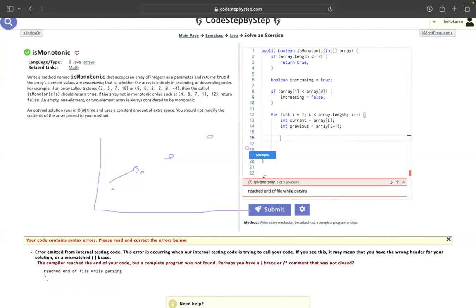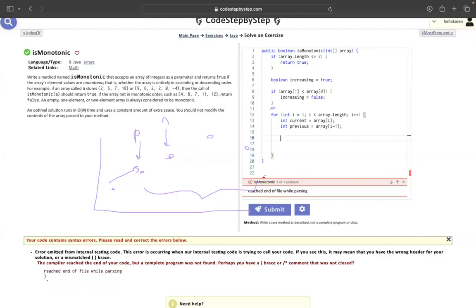And so this is the point where we use the for loop to go through the rest of the array, right? Since we know increasing is true, at each point when we're comparing two numbers, so this is our now and this is our previous, for example, I would check, do now and previous break the pattern?